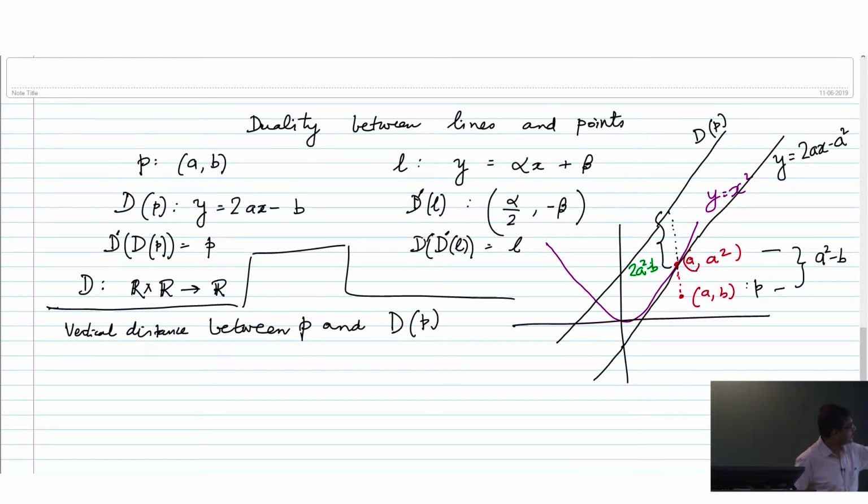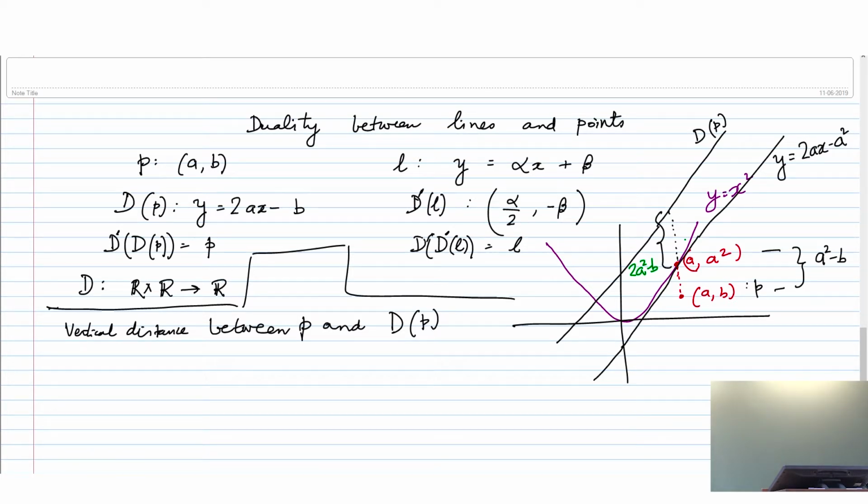I know the equation of this line, okay, and the distance between this projected point and the vertical intercept is 2a square minus b, and then you can show that basically this is the midpoint, right. So, it is reflected around that parabola.